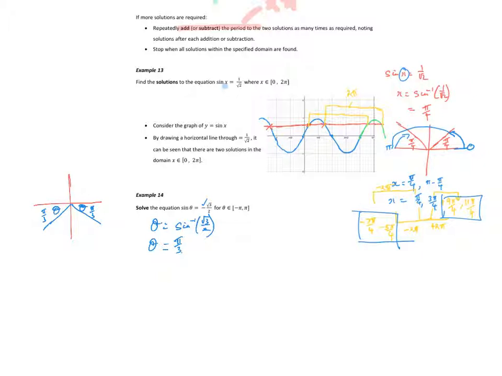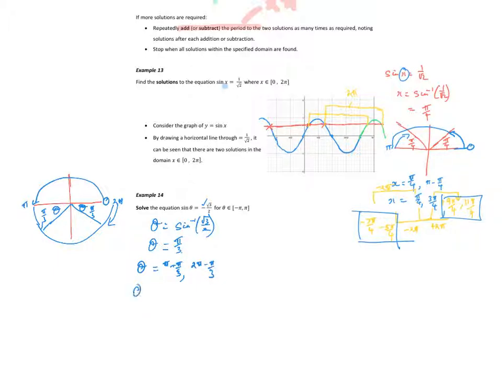So let's just get the first two solutions the same way first. Start at 0, go around to pi, no solutions there, but now I add pi on 3, so my solutions are given by pi plus pi on 3, and then go all the way around to 2 pi and come back 2 pi minus pi on 3.